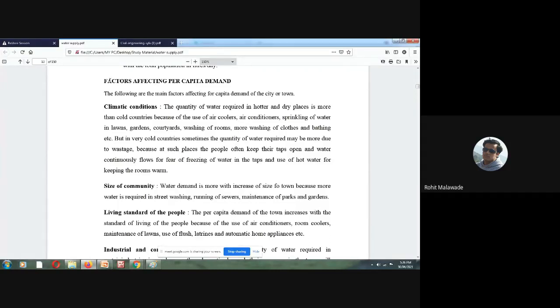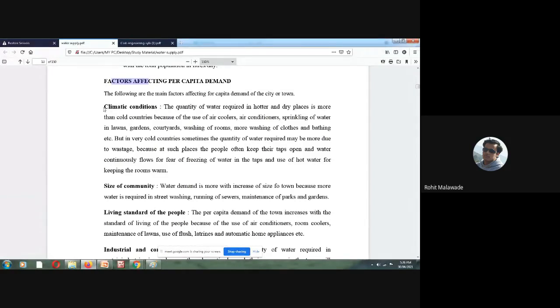These are the factors which may affect a person's per day water consumption, that we are going to study now.